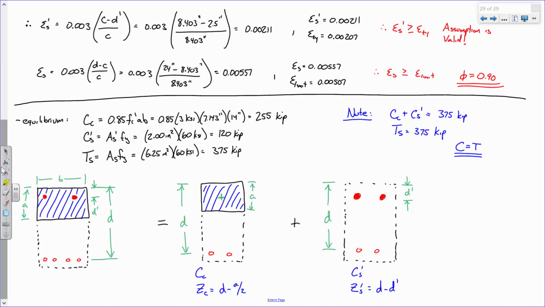The shape of the stress block for the concrete is still rectangular, regardless of which case we're looking at. So this formula actually holds for both cases. Does everybody have all this? So, therefore, Mn is Cc (d minus a over 2) plus Cs prime (d minus d prime).